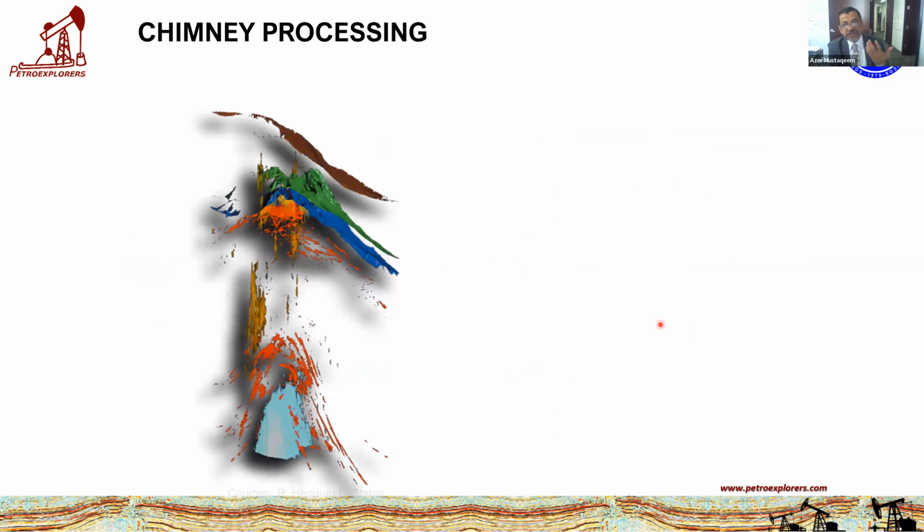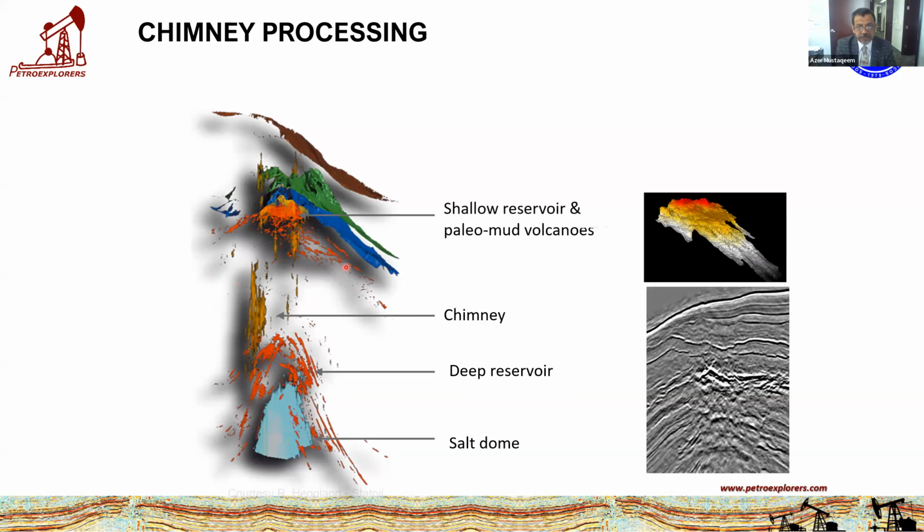So looking at the chimney processing, it gives you the full petroleum system. Say this is from the Gulf of Mexico: the salt dome, going up to the deep reservoir, going to the chimney, flowing from the deep, and then you have the shallow reservoir or paleo mud volcanoes.